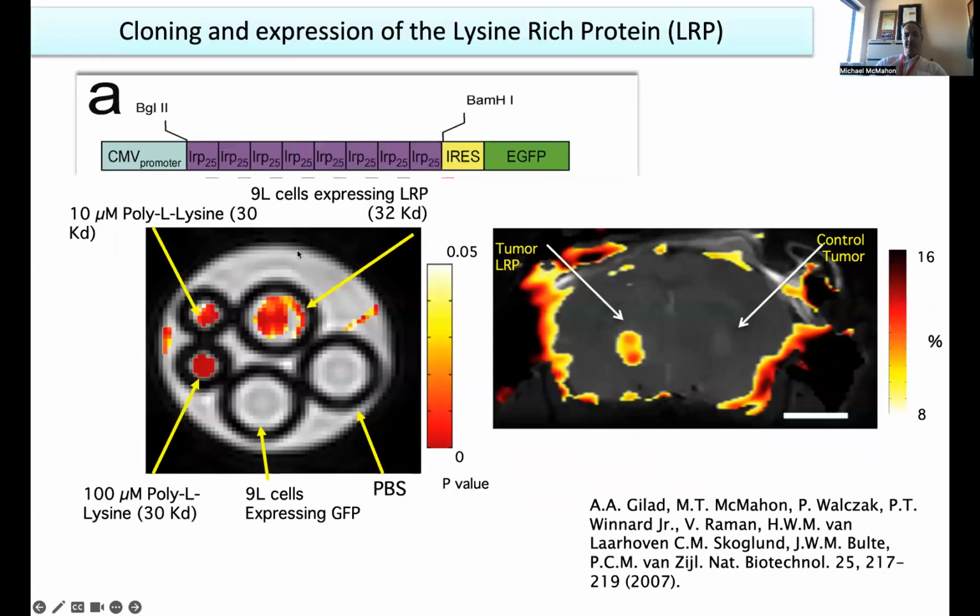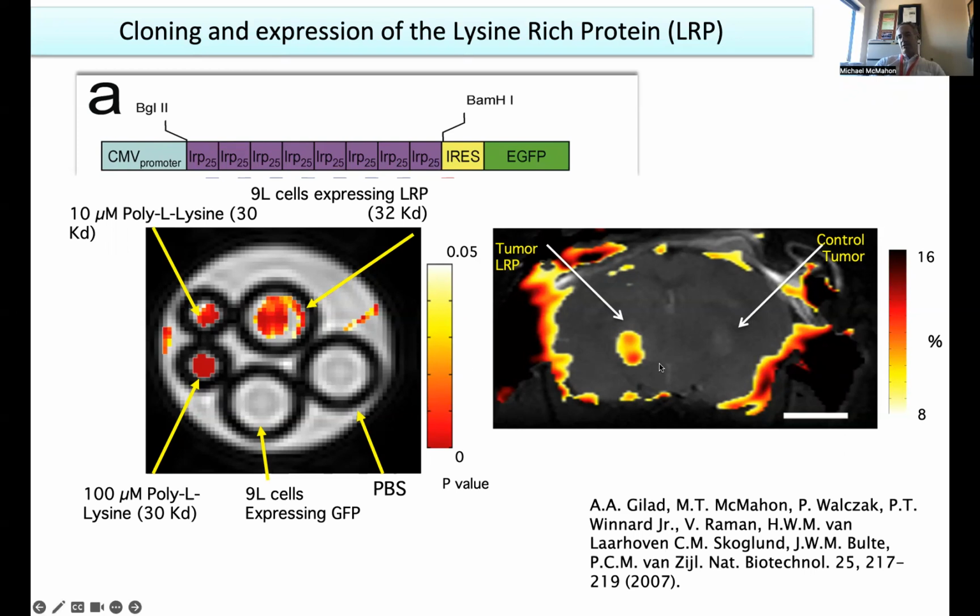And so Assaf Gilad led this study where he developed this lysine-rich protein, which was a 200 residue protein. And he inserted this protein into 9L cells, which were also expressing GFP. And then when he looked at in vitro tubes of the cell lysates, he saw that in fact he could detect this protein's expression in the 9L cells.